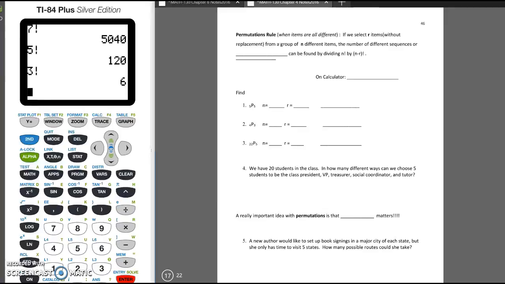Now, these permutations come up a lot, and so they actually have a special rule. If we select r items without replacement from a group of n items, the number of permutations can be found by dividing n factorial by n minus r factorial.